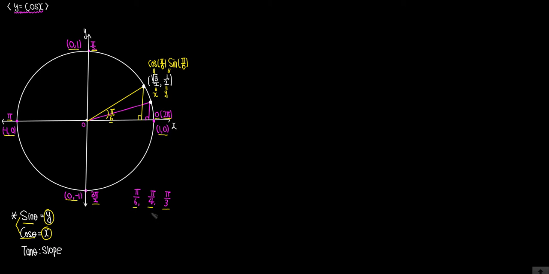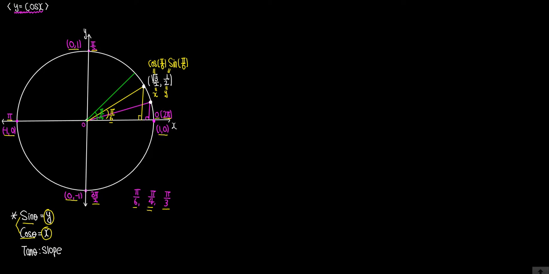Now let's think about the next one, where the special angle is pi over 4 radians. So let's say there is an angle rotation from the origin, which is (0, 0), all the way to here, and let's assume that the main angle rotation is pi over 4 radians, which is 45 degrees.